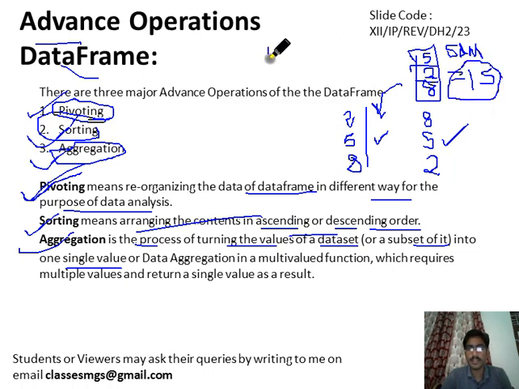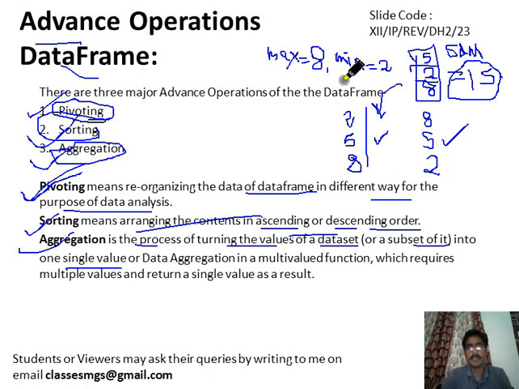Someone might ask what is the maximum of this data set? Then what will you say? 8. So this is an aggregate function applied on multiple values. What is the minimum value? Then you will say 2.